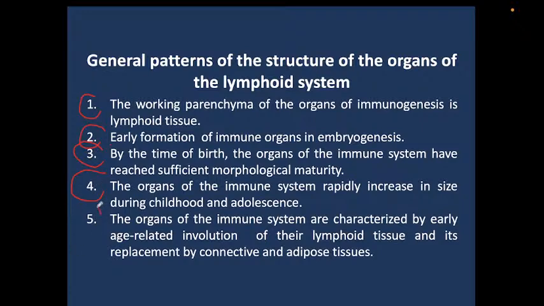But then all organs of the immune system usually have early age-related involution. This is the process when the organ decreases in size and in activity, and lymphoid tissue is replaced by connective and adipose tissue.